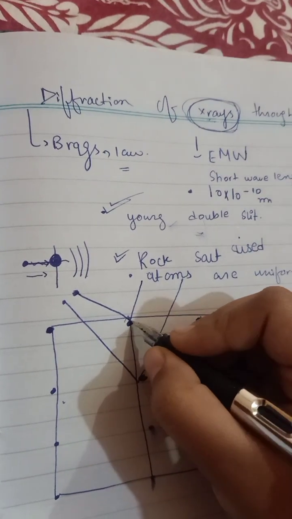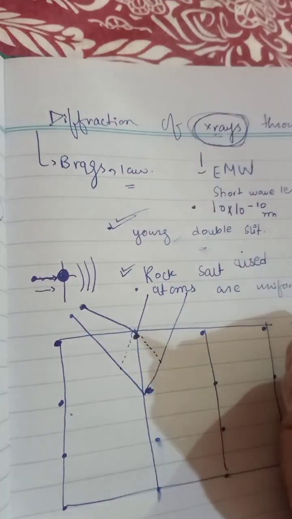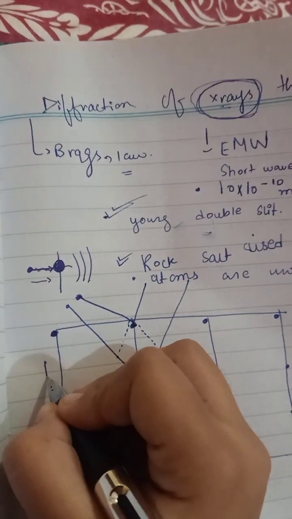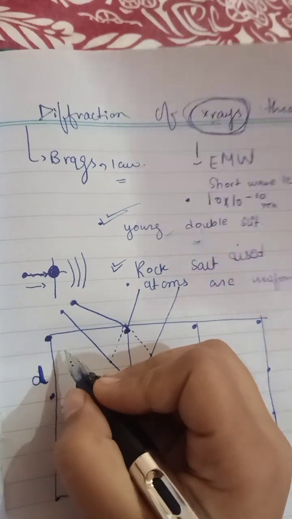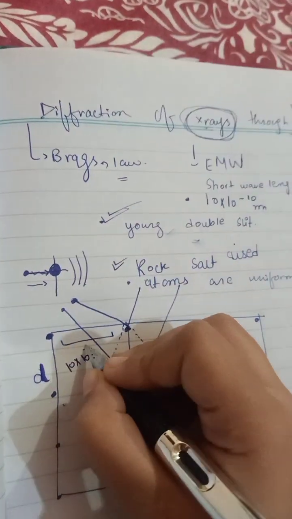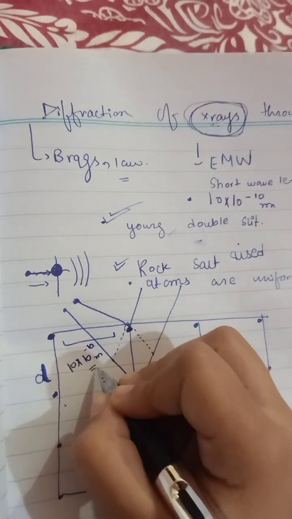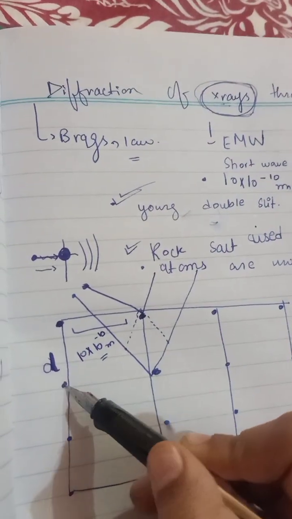Here you can see the angle. This d is the distance, and it is equal to 10 to the power minus 10 meter, which means it is equal to the wavelength. So they have equal wavelength and spacing too.